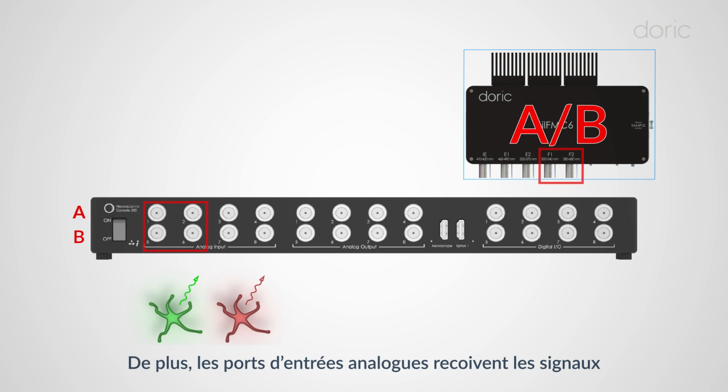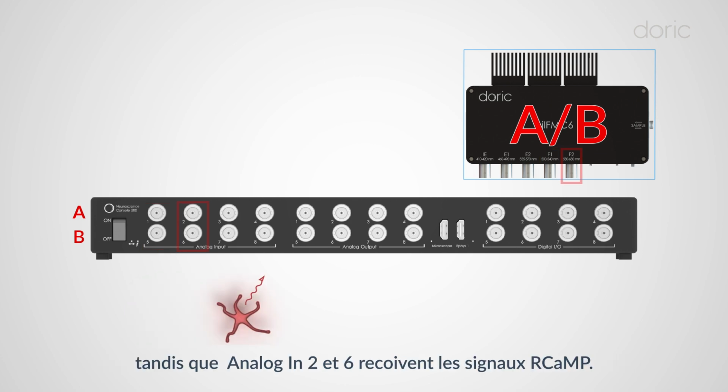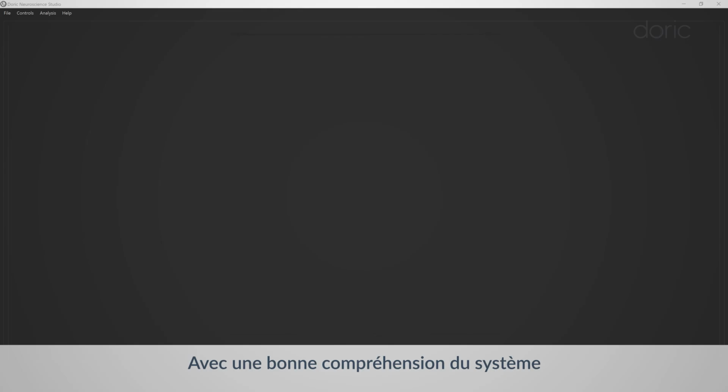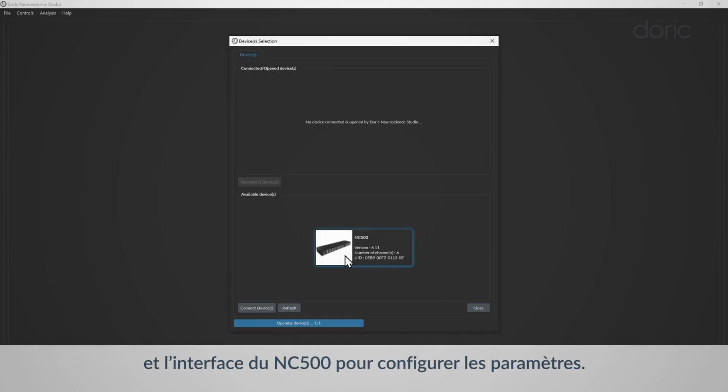In addition, the analog input ports receive photometry signals from both minicubes. Analog in 1 and 5 receives the combined isosbestic and GCaMP signals, while analog in 2 and 6 receives the RCaMP signals.